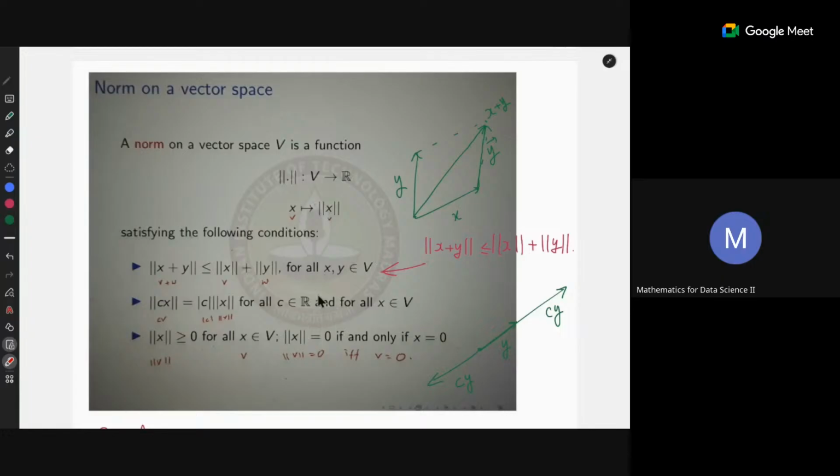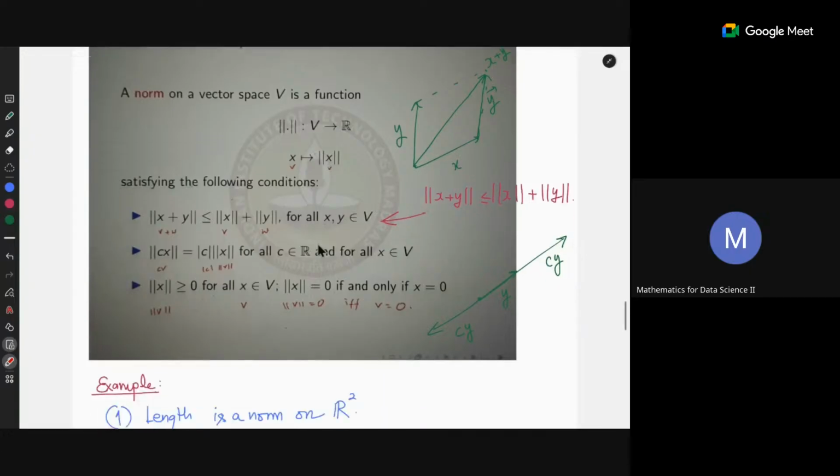Similarly, if the norm of a vector is zero, then the vector itself should be zero. So these three conditions are sufficient to generalize the length of a vector in R2 to a norm of a vector in a vector space.